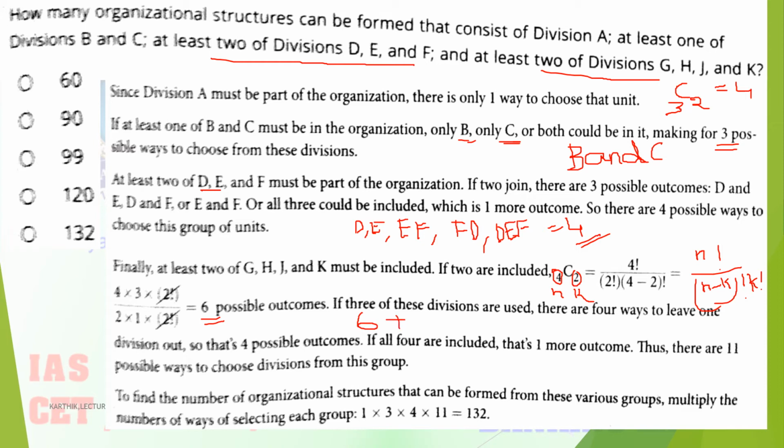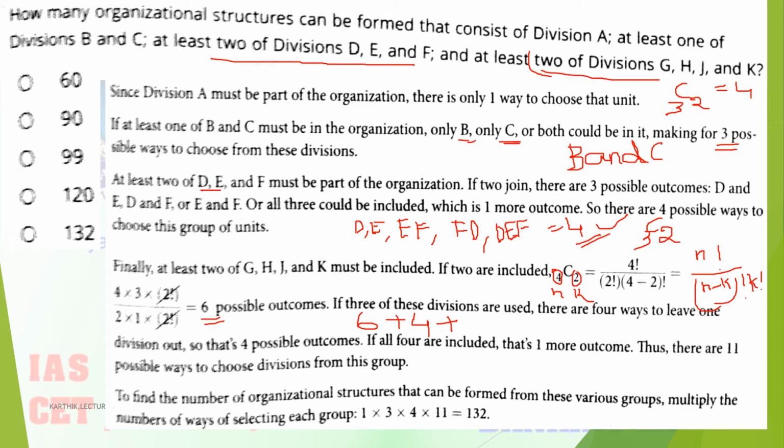So along with this, here we consider 2 combination, 2 division. So that 3 is also possible. If you take 3C2, then it is 4. 3C2 is nothing but 3 combination: GH, HJ, JK and KG like that.